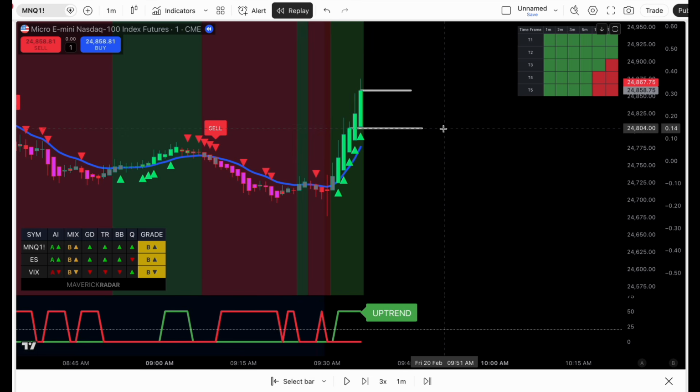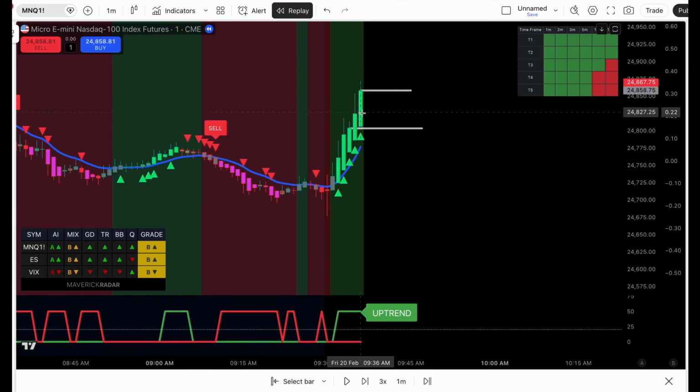Let's see here. 804, okay. 859, went a little bit more than that, but that's okay. Minus 859. Okay, so that won 55 points. There's 4 ticks to a point. NQ pays you $5 a tick.